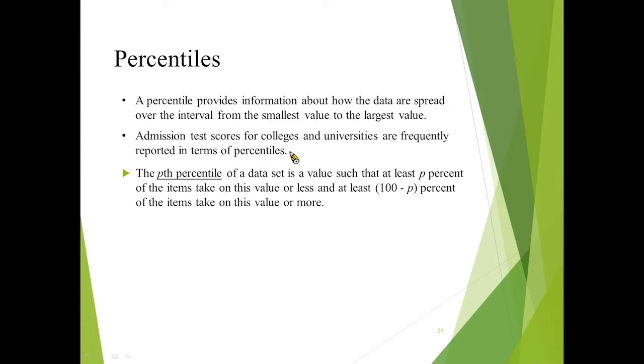Admission test scores for colleges and universities are frequently reported in terms of percentiles. The pth percentile of a data set is a value such that at least p% of the items take on this value or less, and at least 100 minus p% of the items take on this value or more.